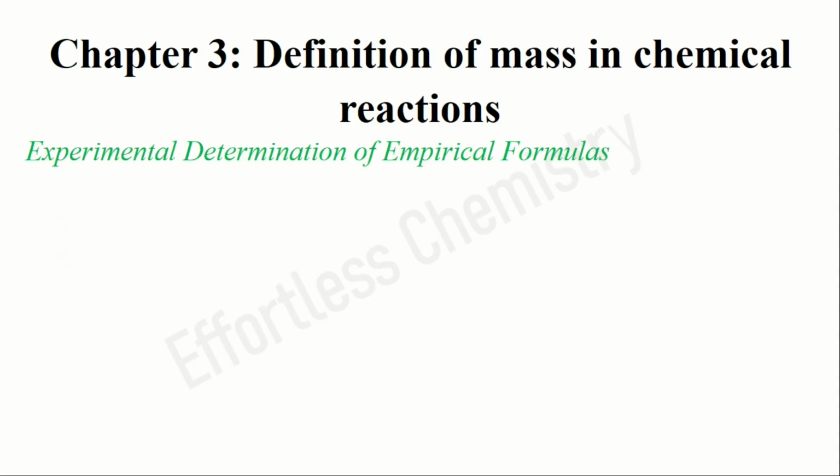Now, we want to experimentally determine empirical formulas. When we have a compound and want to find the percent composition by mass of each element, we need an apparatus to turn our compound into ions, and then determine the mass to charge ratio of each ion, and then we can get the percent composition.